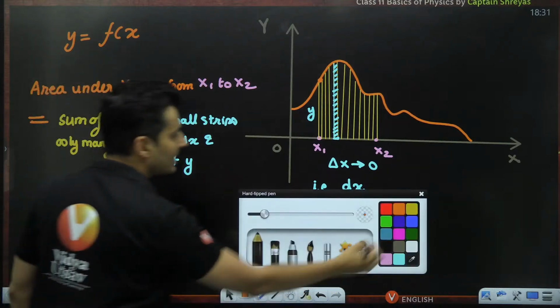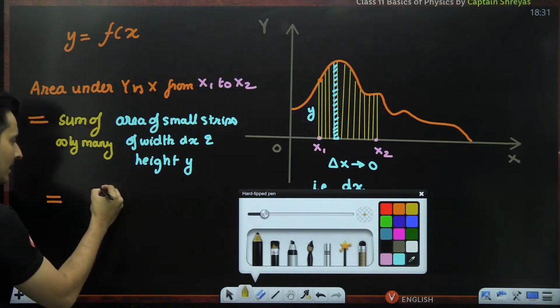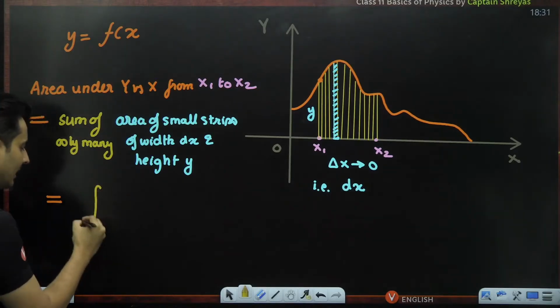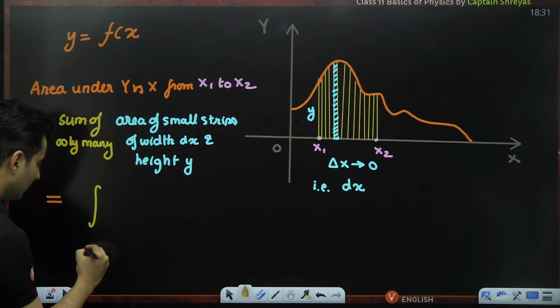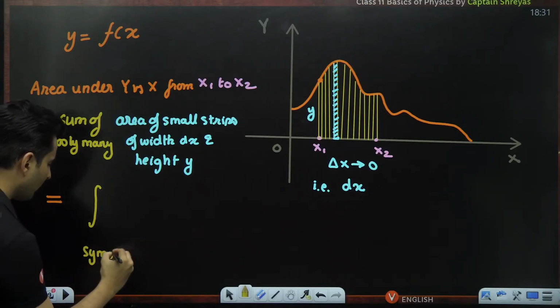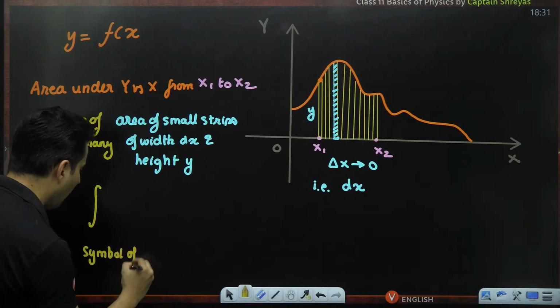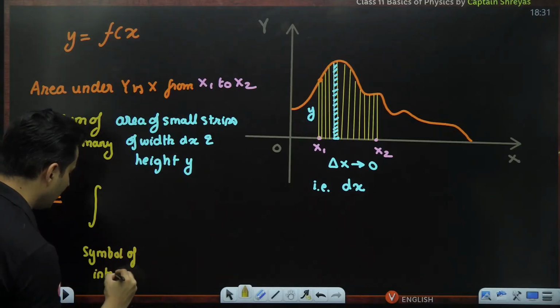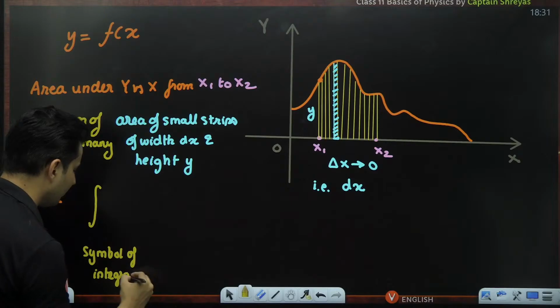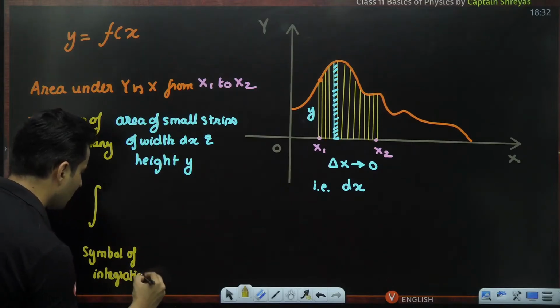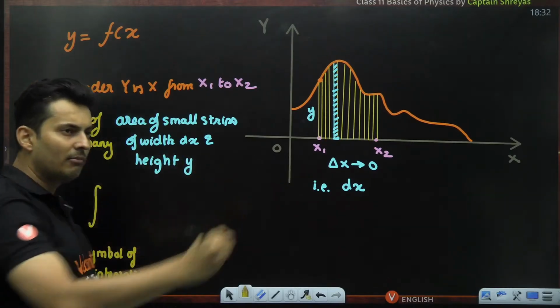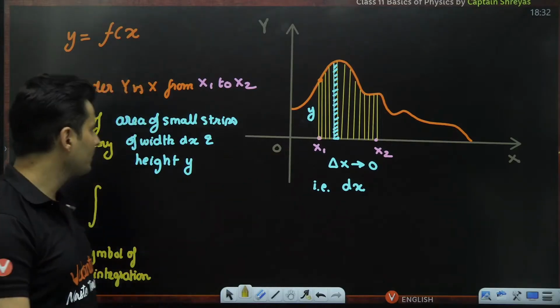The sum of such many strips is represented by a symbol called the integration symbol. That symbol represents the sum of many, many small numbers, but infinitely many numbers.